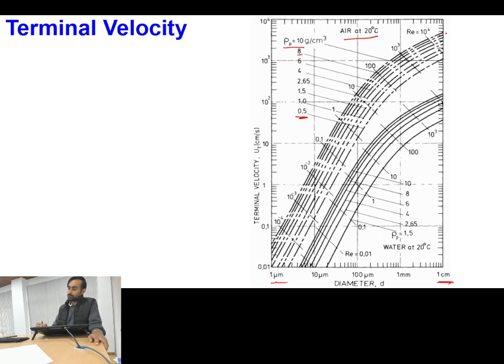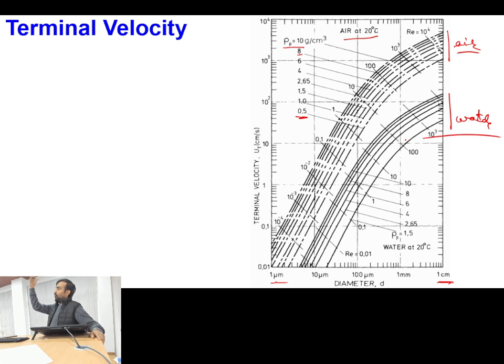These top graphs are for particle flow in air and the bottom graphs are for particle flow in water. Is this one clear? These depend upon the density of the particle. Are all clear with this idea?